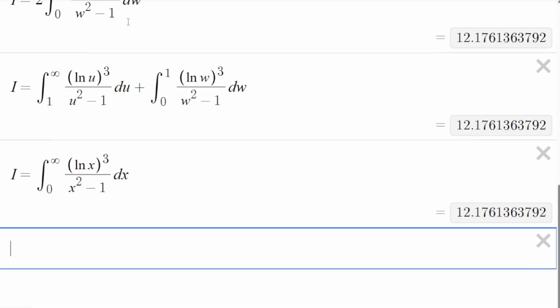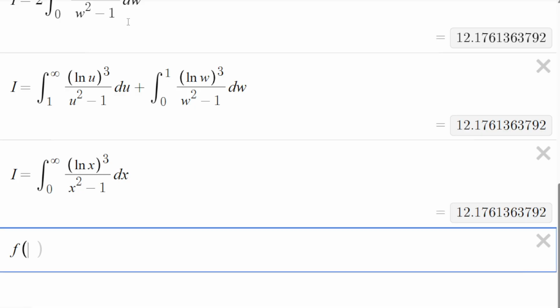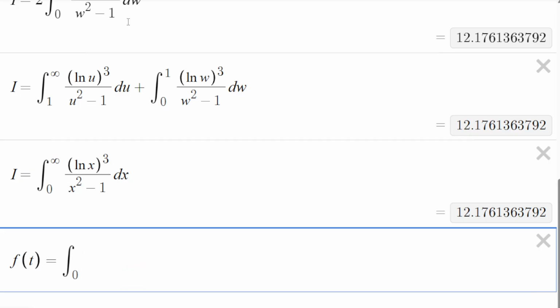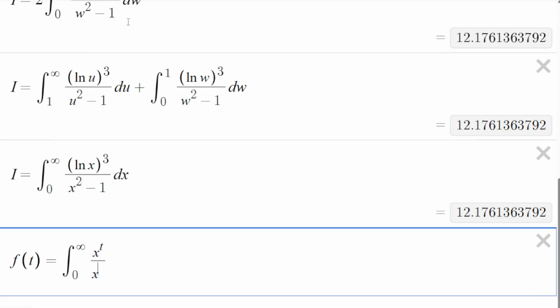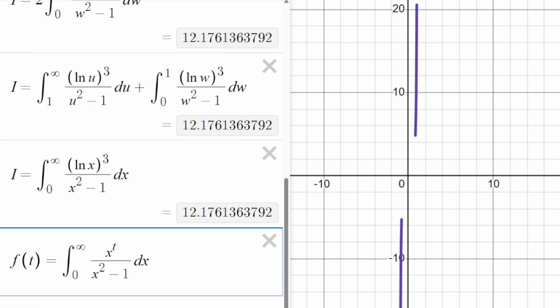So let's do that. Let's define some function of a new parameter t equal to the integral from 0 to infinity of x to the t over x squared minus 1 dx. I just want to show you really quick, this is kind of a wonky function.